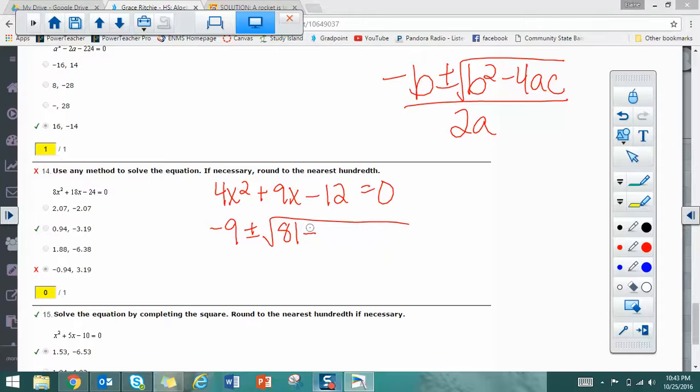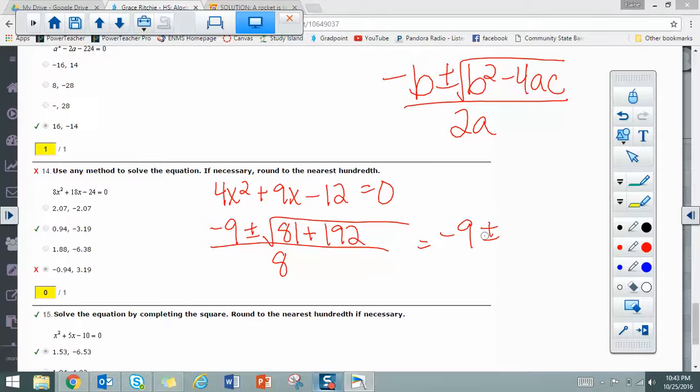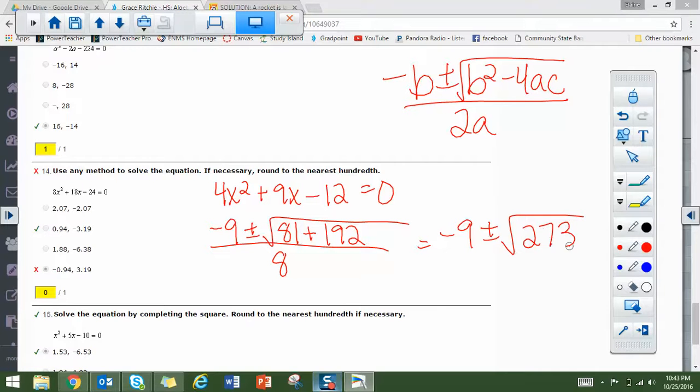It's negative 192, so plus 192, because subtracting a negative, all over 2 times a, which is 8. So this is negative 9 plus or minus the square root of 81 plus 192. It's 273, and it's all over 8.